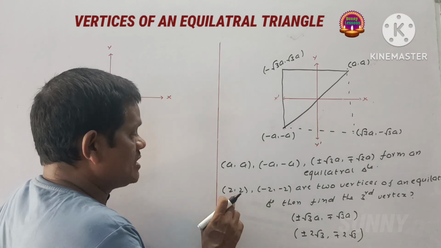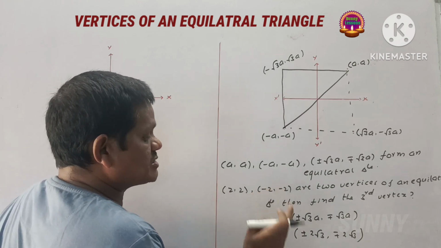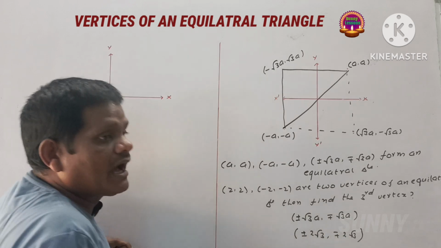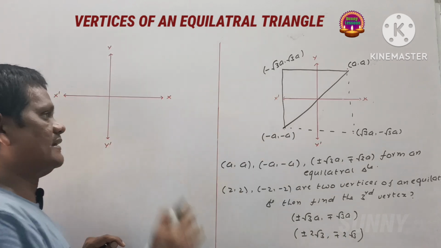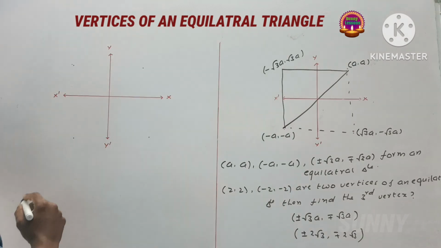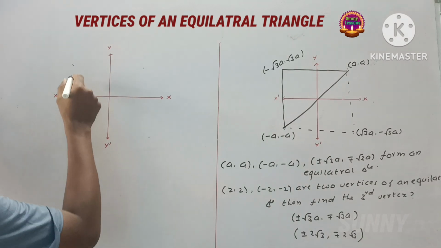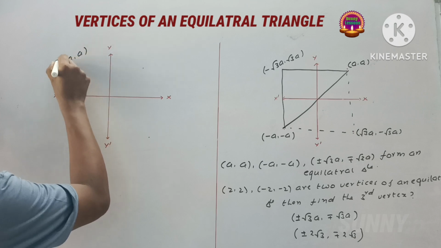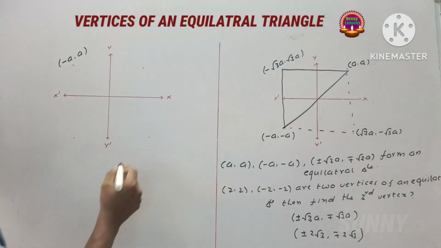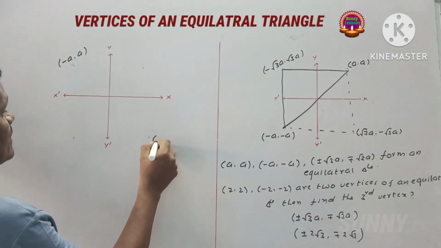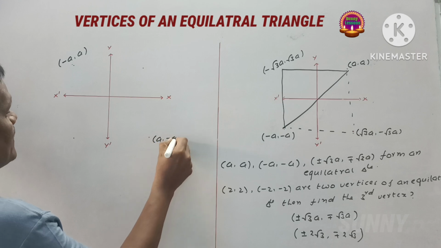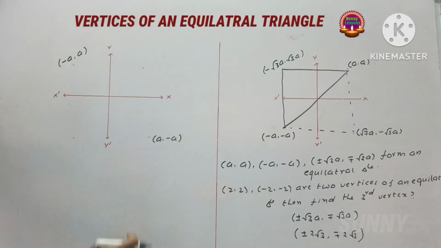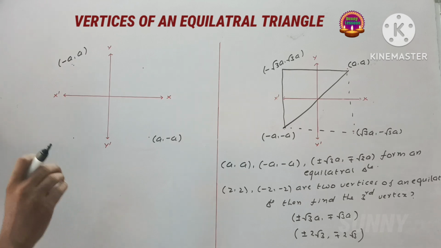Next, the second one is (-2 root 3, 2 root 3), which together with (2, 2) and (-2, -2) are the vertices of an equilateral triangle. The fourth model is: take a vertex on the second quadrant (-a, a) and another vertex on the fourth quadrant (a, -a). These are the two vertices of an equilateral triangle.